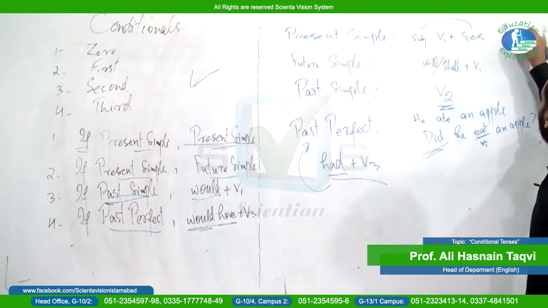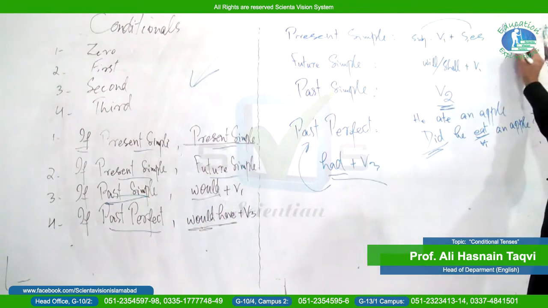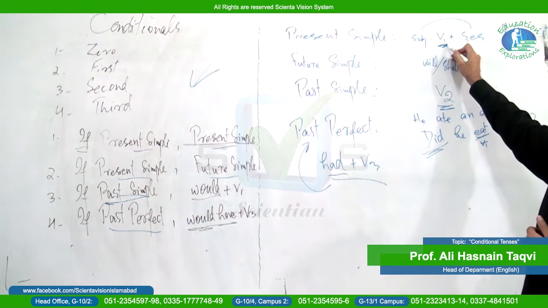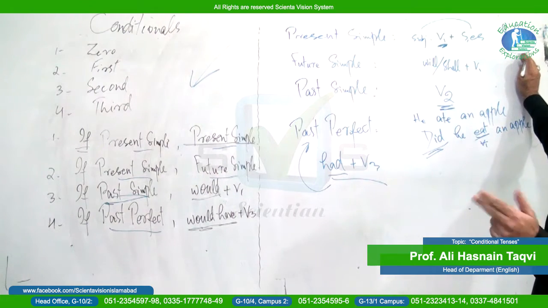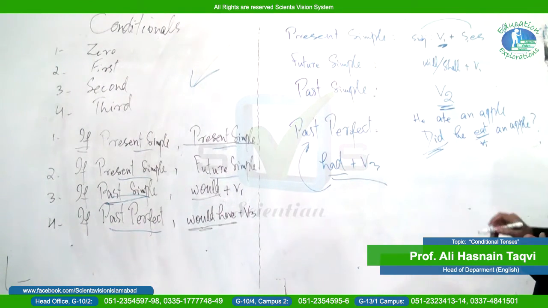Like, if I say I have it, this have has to be understood as V1. And this is has, have, first form of verb, its second form is had, and third form had. So I have it is present simple.